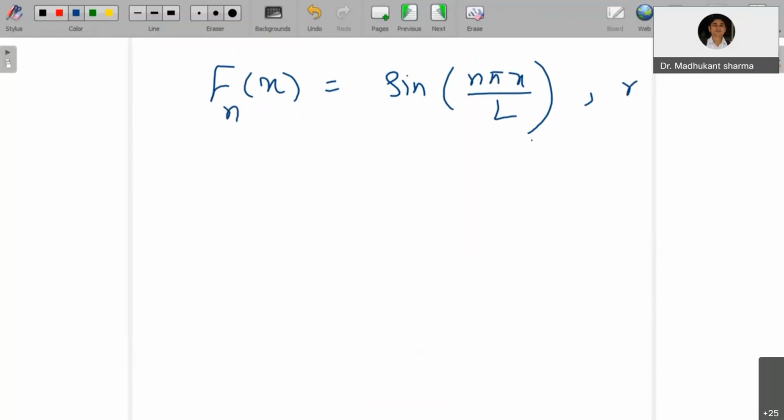I'm not interested in the zero, so I'm not going to n equals 0. So n equals plus minus 1, plus minus 2, plus minus 3, and so on. These all are the solutions. Infinitely many solutions you obtain.